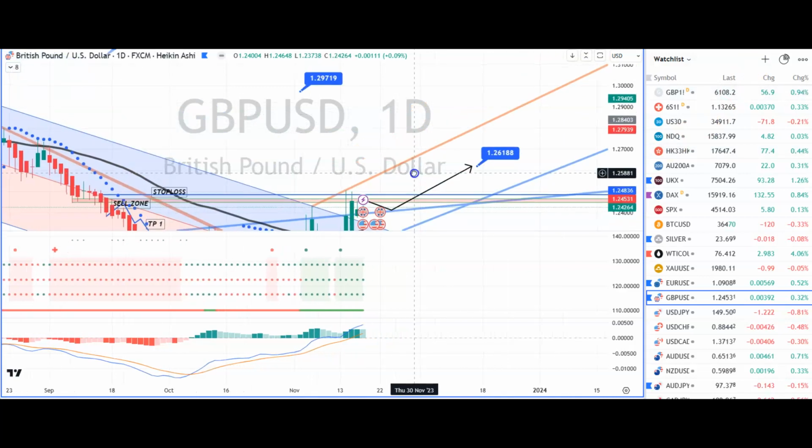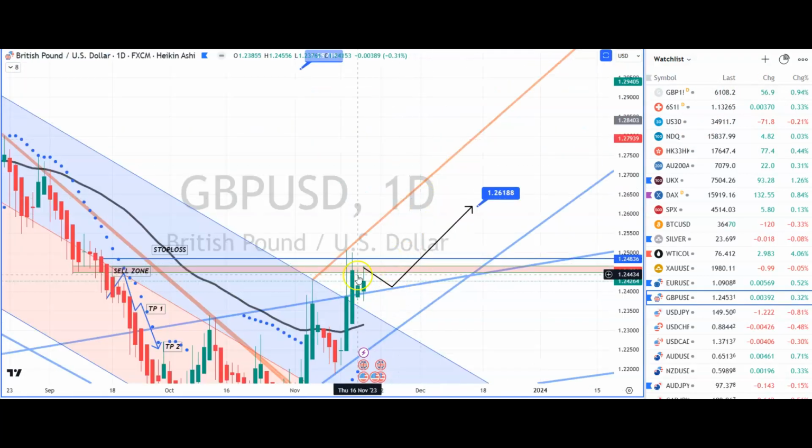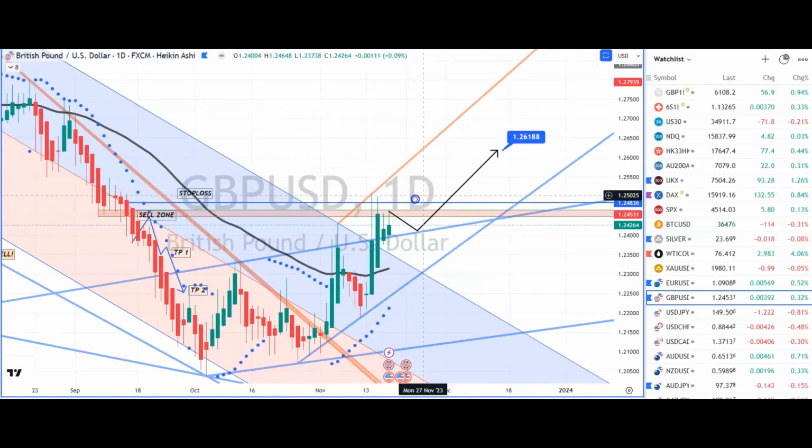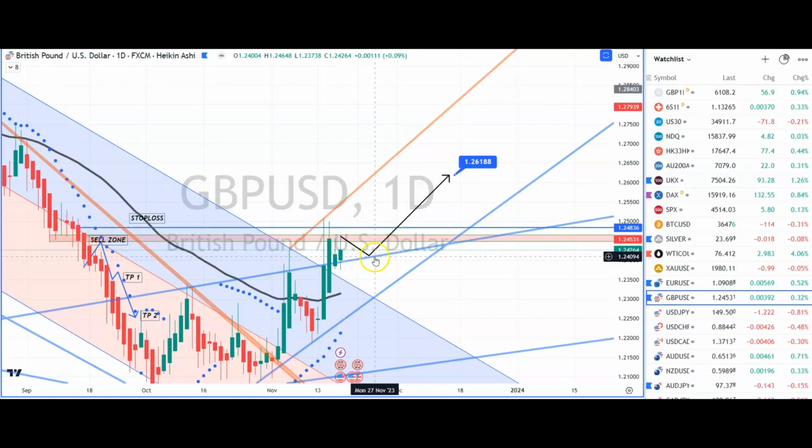But I suspect we are going to get a pullback to 1.2400, somewhere around that in the next few days, probably Monday, where it will bounce off this trend line. It's a long-term trend line. So this support area here will be highly significant, and this will be a good FVG area. The fair value gap is probably there on the lower time frame anyway.